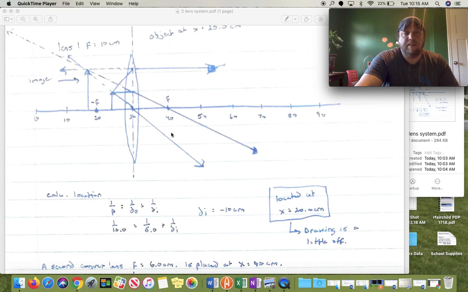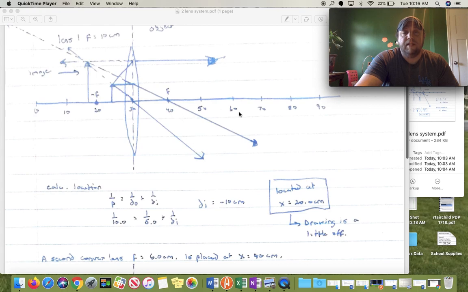But if I place the second lens right here, I now have an object for this particular lens. That object, we haven't seen something like this before, since the object is now on the same side of the lens as what the image will form over here by putting that secondary lens in.